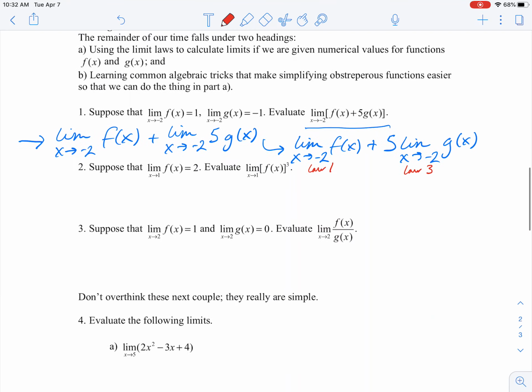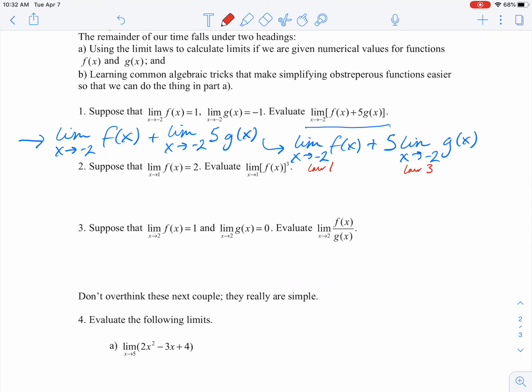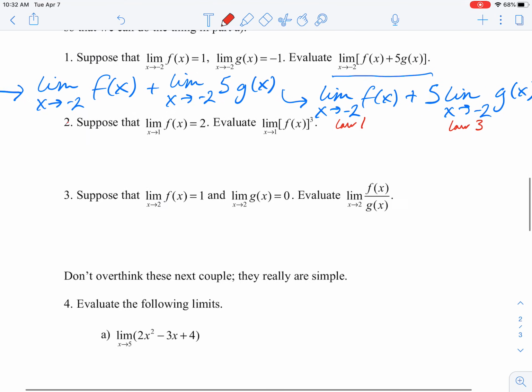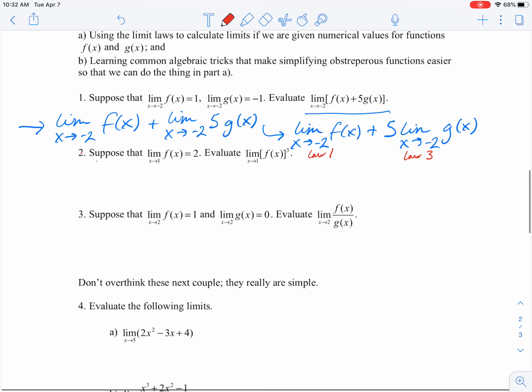So let's go back down and see what the rewrite would be based on that law. We'll just note we're using law 6.